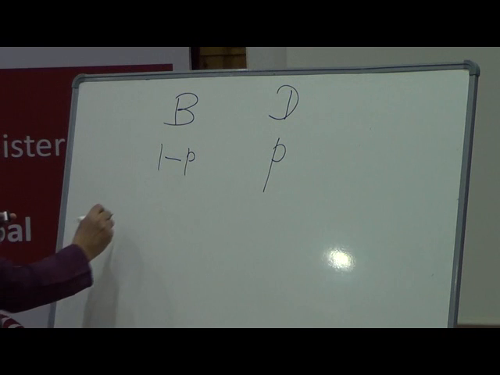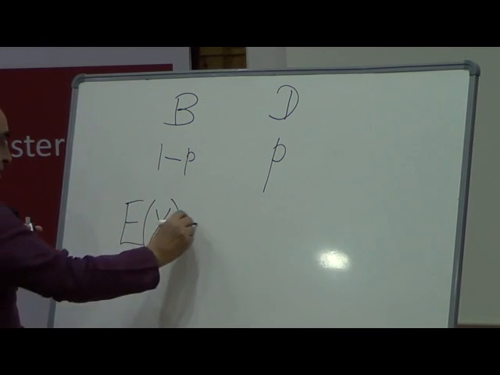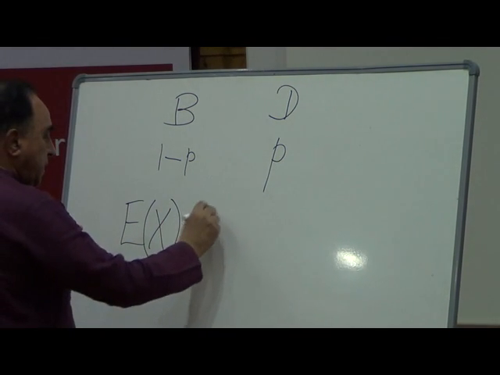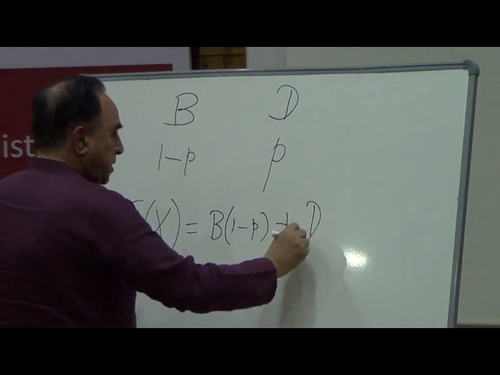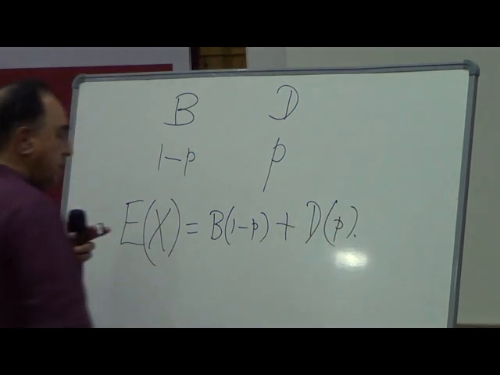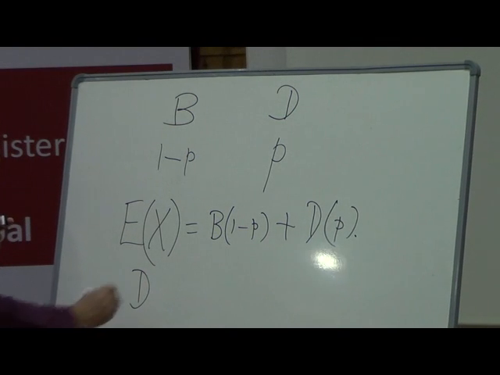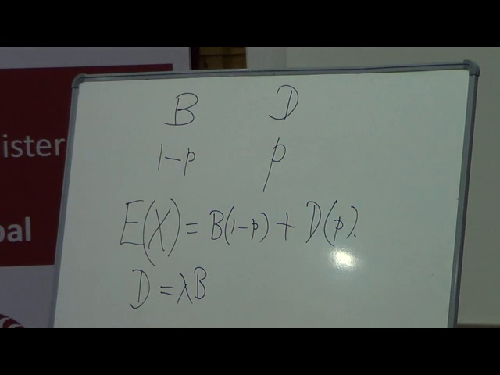So therefore, my expected value from a corrupt act is B times 1 minus P plus D into P. Suppose I say the cost of being caught is some lambda times B. Some huge amount, 5 times, 6 times, whatever, times B. This is the penalty that you're going to pay.